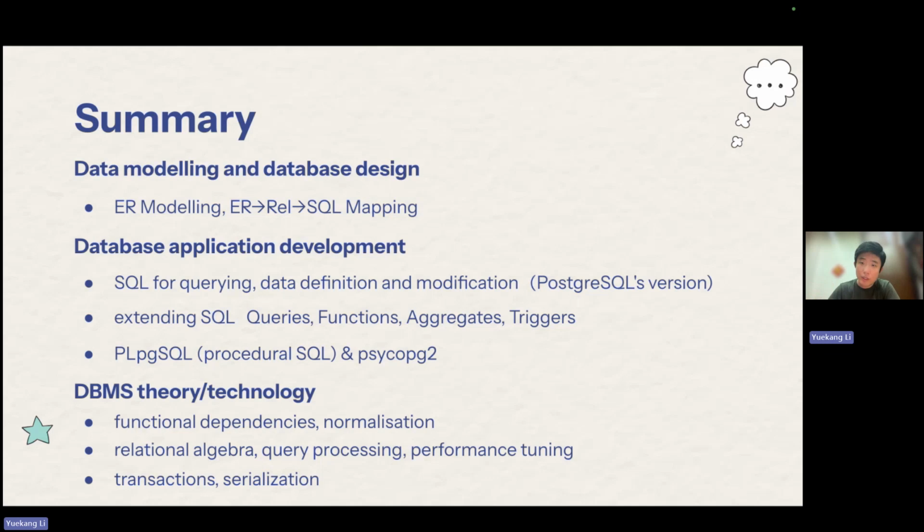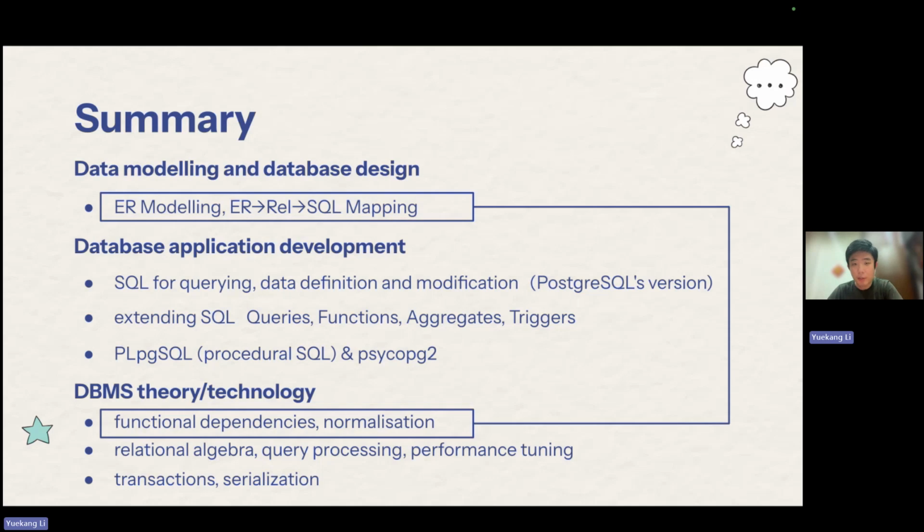We learned these theories because they are actually helpful for database design and for application development. For example, functional dependencies and normalization could help us to remove redundancies in the database design. So this is why we learned this theory.